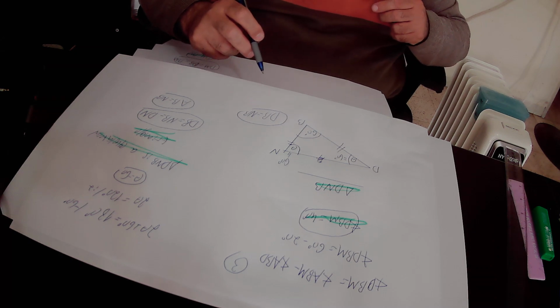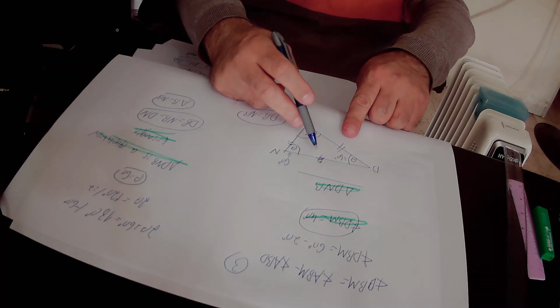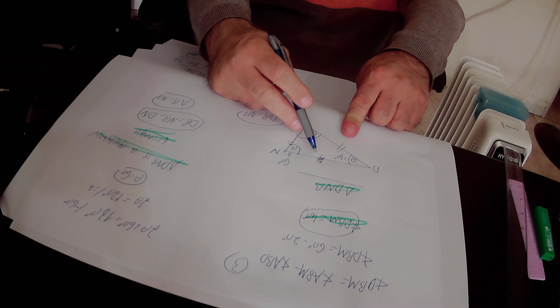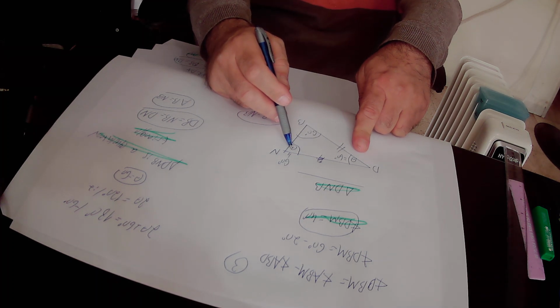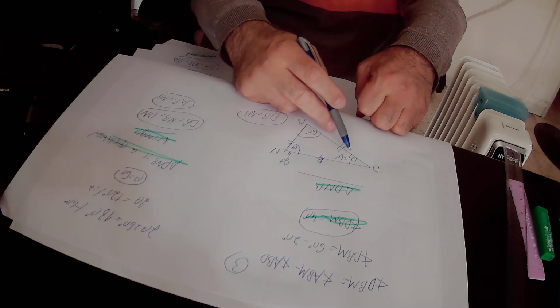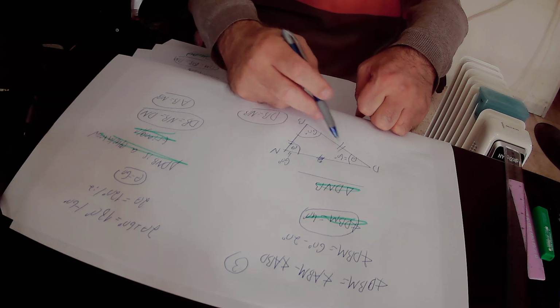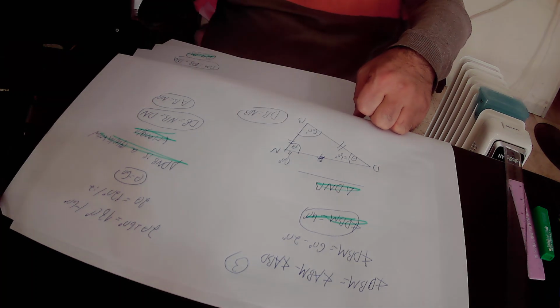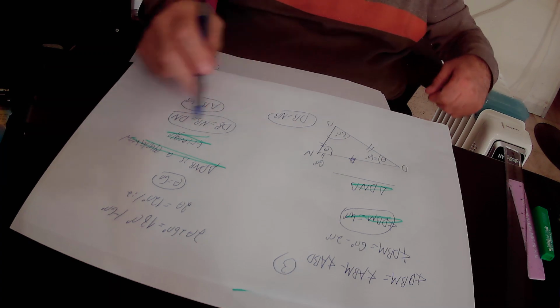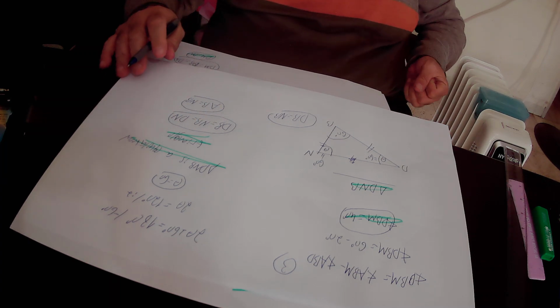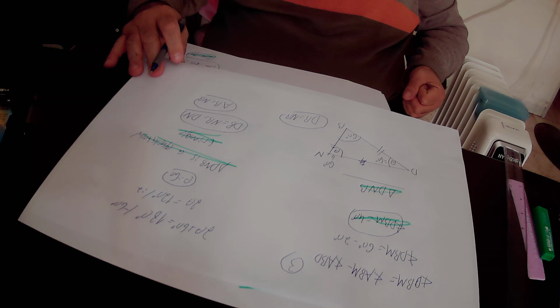DB equals DN, and we have the rule that in front of equal sides in the triangle, there are equal angles. So those two angles that are located in front of the equal sides must be equal to each other. So if one angle is theta, then the other angle must be equal to theta. And the sum of the angles in triangle DNB must be equal to 180 degrees. So theta plus theta is 2 theta, plus 60 degrees, must be equal to 180 degrees.